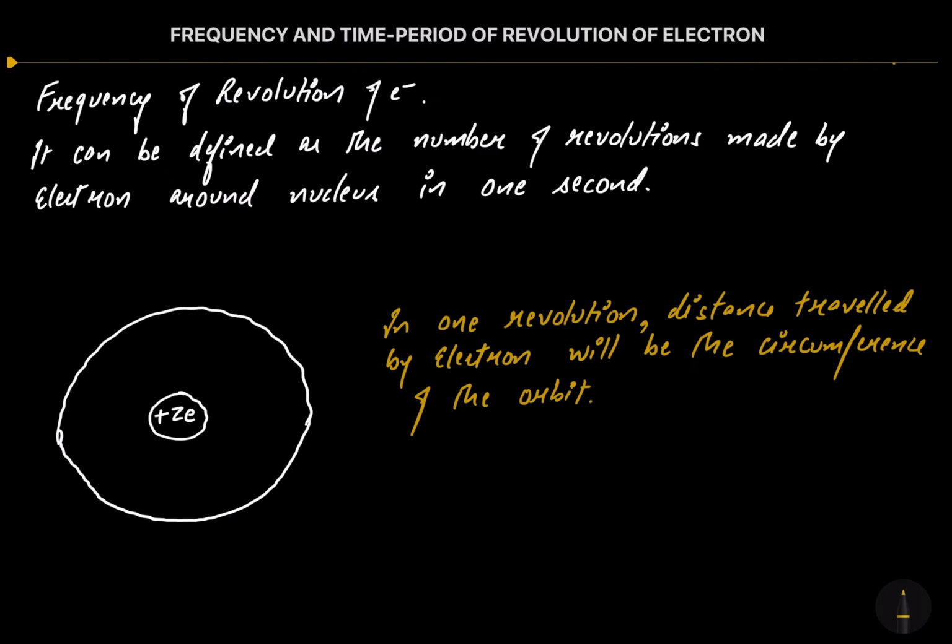So in one revolution, distance traveled by electron will be 2 pi r, because this is the circumference of any circle.